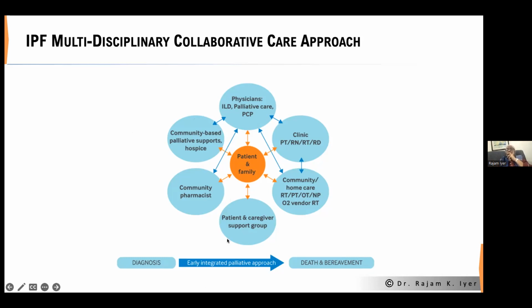It has to be an early integrated approach so that patients and families have the time to process and analyze. This is a dream which we hope to fulfill by talking to people like you who are interested in palliative care and want to take this forward.